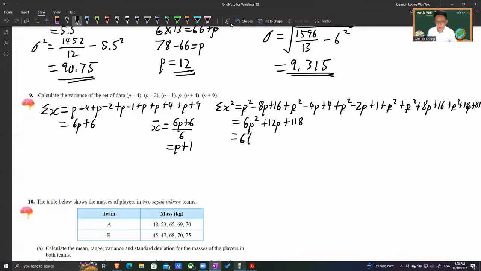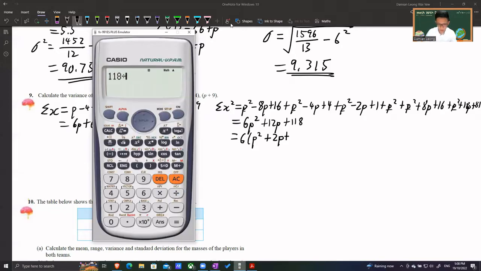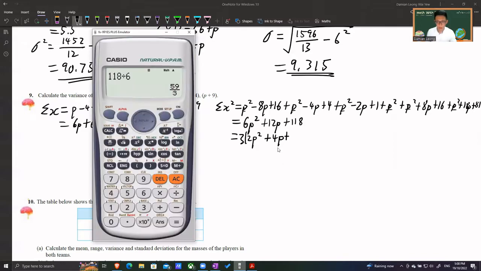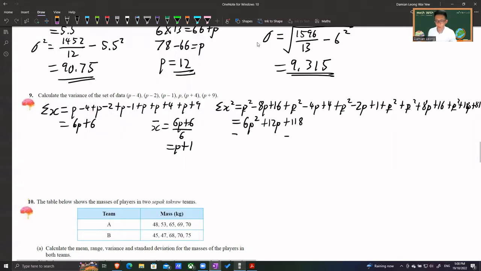I can factorize 6 p squared plus 2p. Actually, no, I can't factorize 6. I can factorize 3. Okay, no. I can factorize 2.